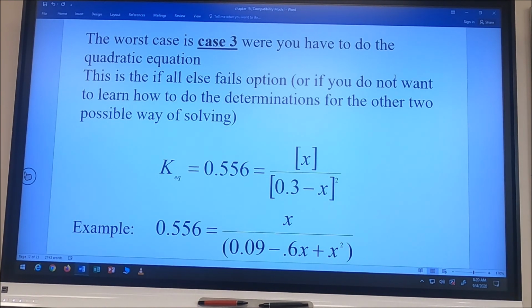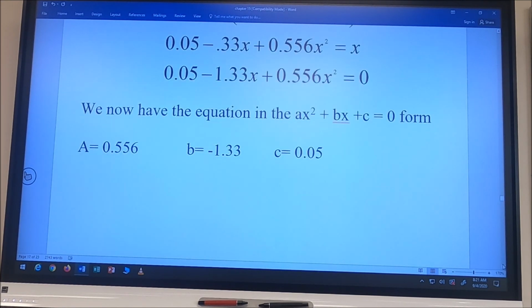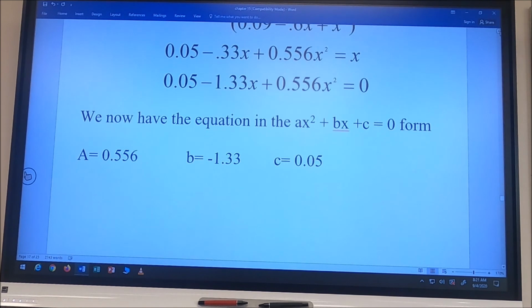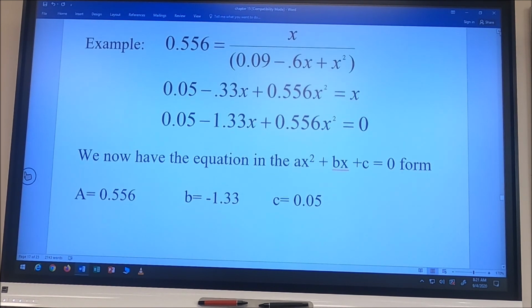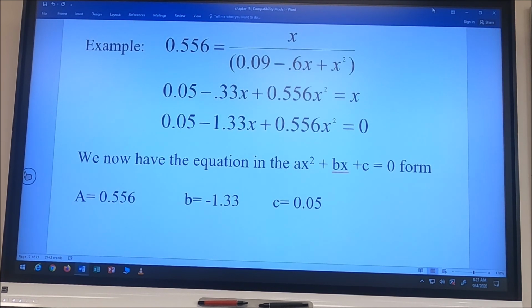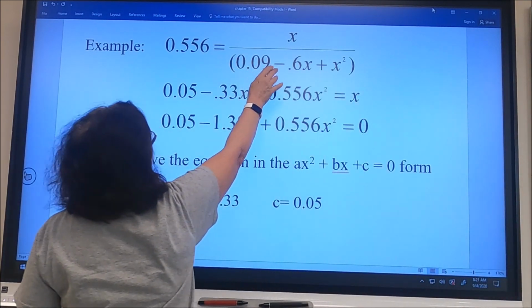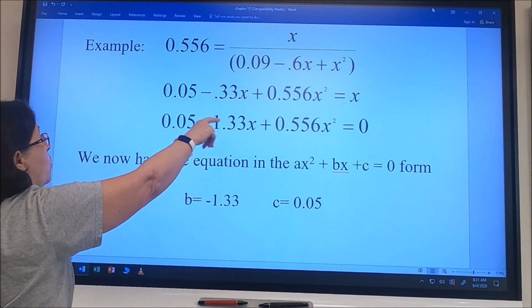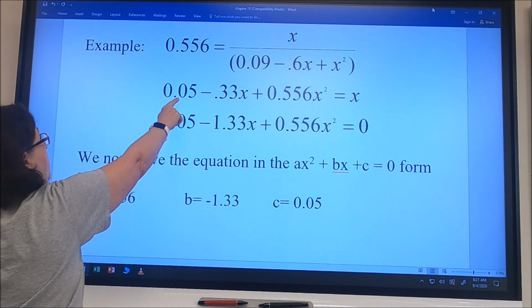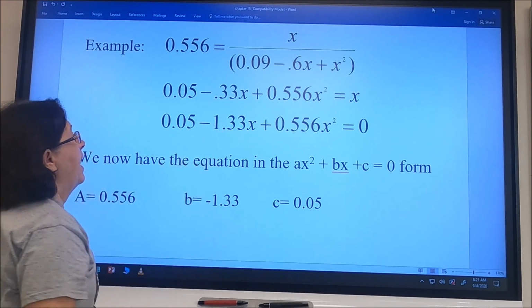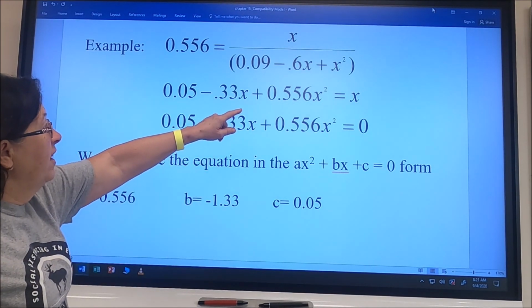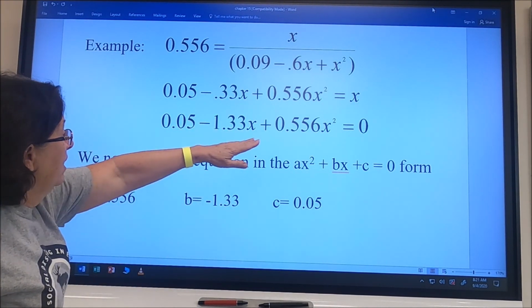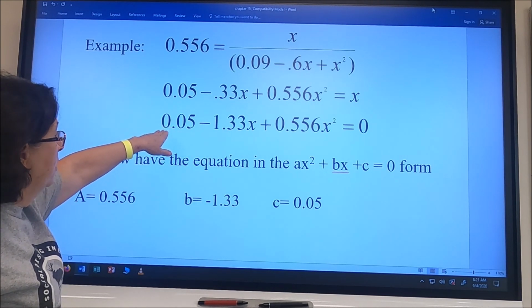We continue on with our algebra, and this is just algebra, guys. Nothing new or novel. Sorry. So if I continue on, I'm going to multiply through by the 0.09 minus 0.6x plus x squared. When I do that, I get 0.05 minus 0.33x plus 0.556x squared equals x. Get everything on one side.